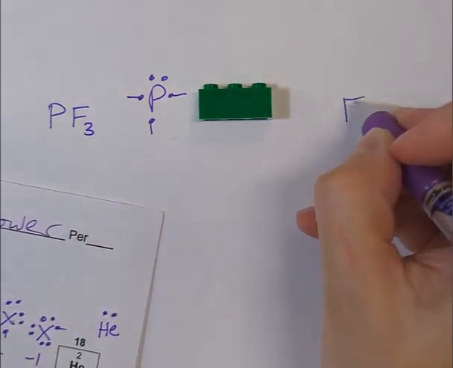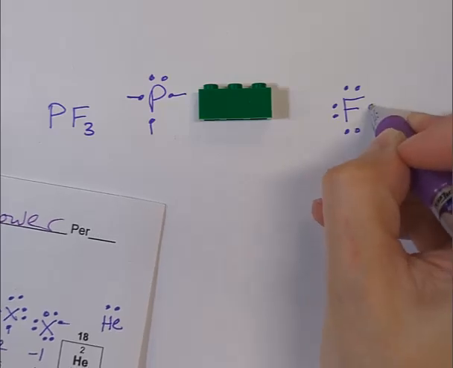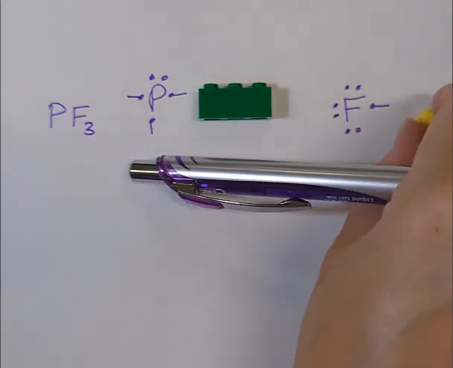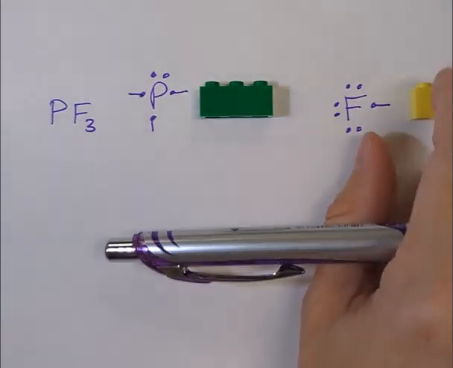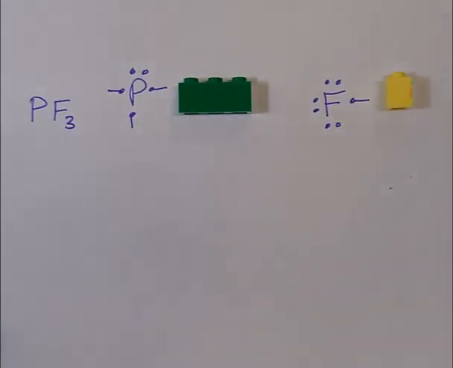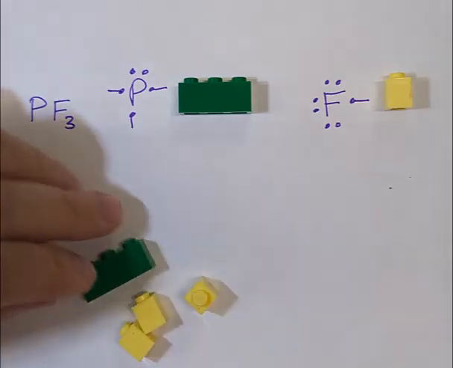So fluorine would be 3 pairs and 1 unpaired, so it can form 1 bond. And if it can form 1 bond, that means it's our yellow Lego, or in some sets of Legos, they are white. But it is the single Lego that can form 1 bond, because remember, each connector is 1 bond. So for PF3, we need 1 P and 3 Fs.